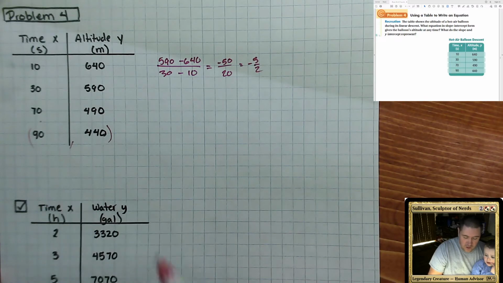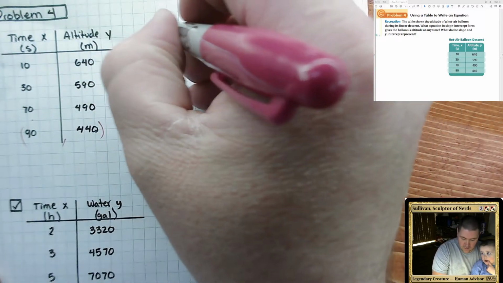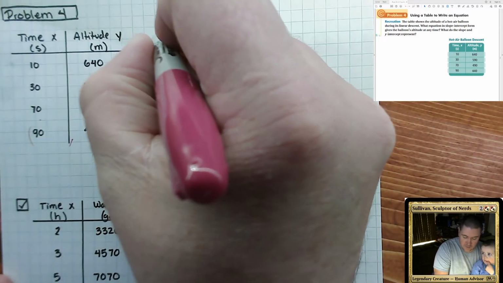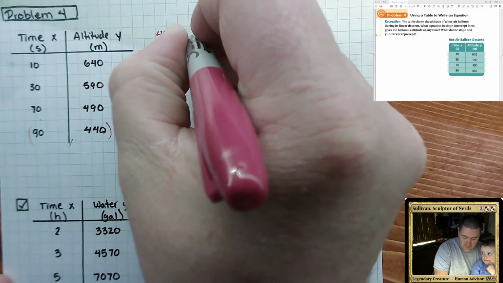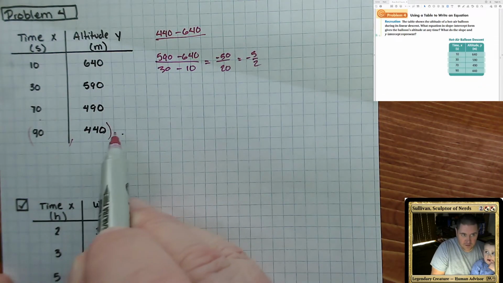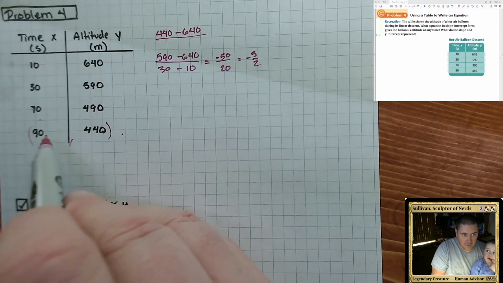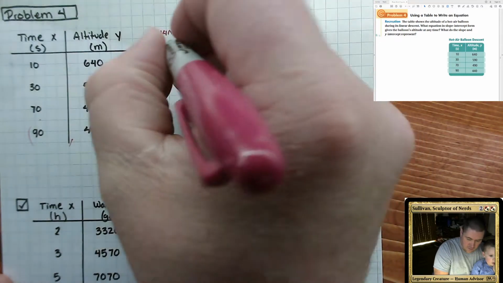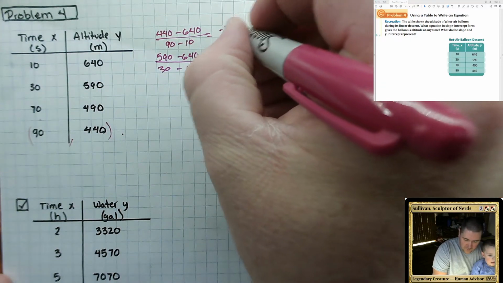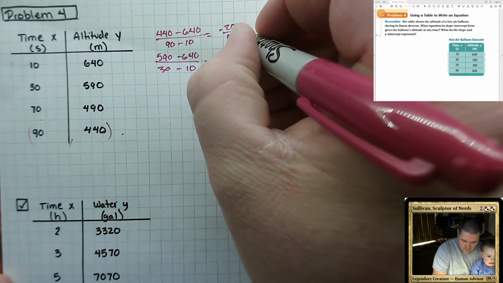Versus if I had chosen any 2 points. What if I had chosen 640 as my first one and 440 as my last one? 440 minus 640, y sub 2, y sub 1, x sub 2, x sub 1, 90 minus 10, it's going to be negative 200 over 80.